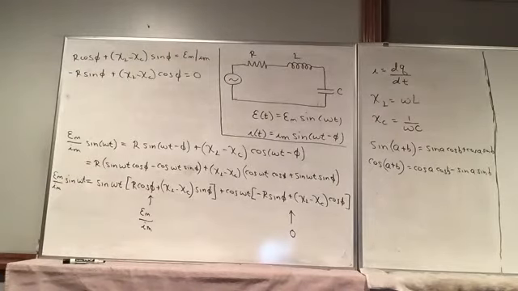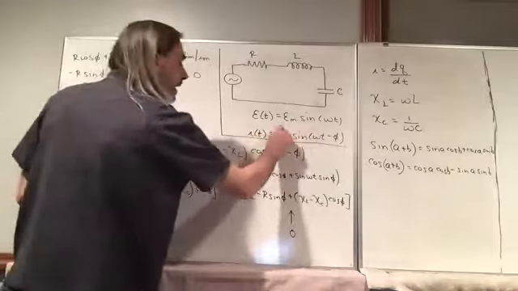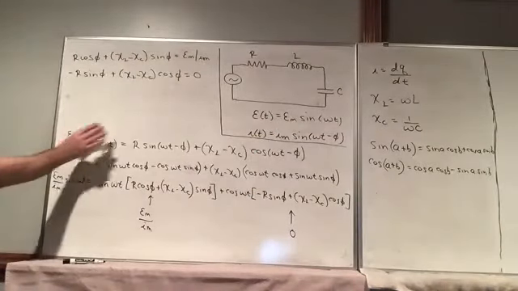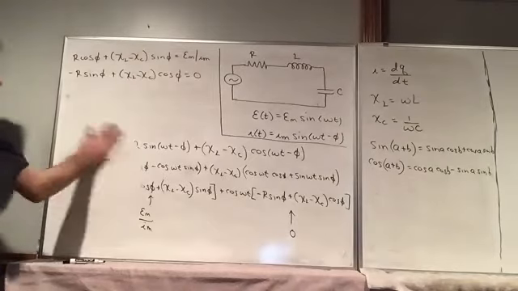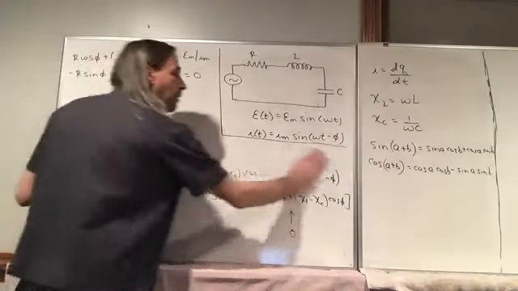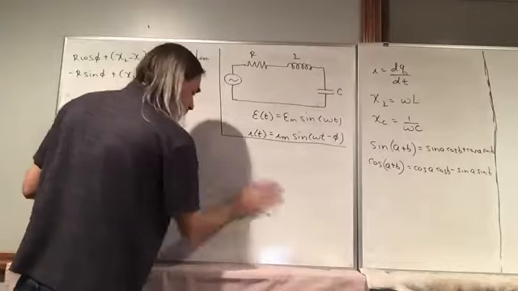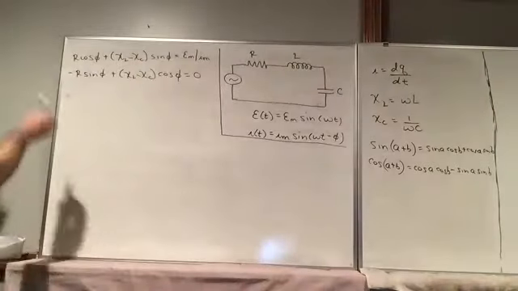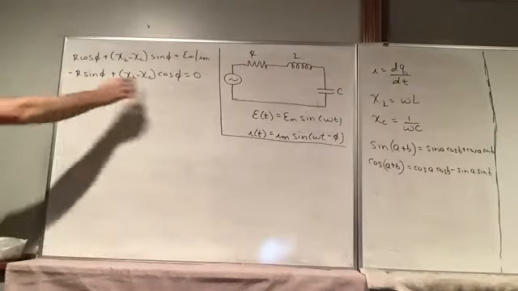This is what we need to finish. Our goal now is to find phi and Im. And so we're going to use these two equations to get there. All right, so let's start with this second equation.